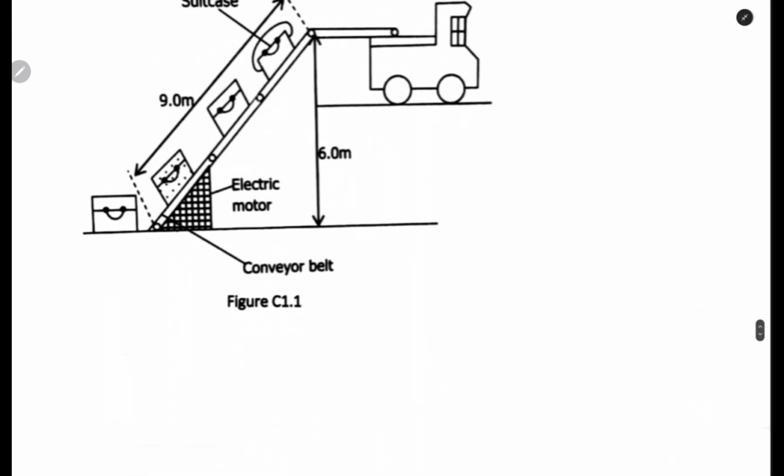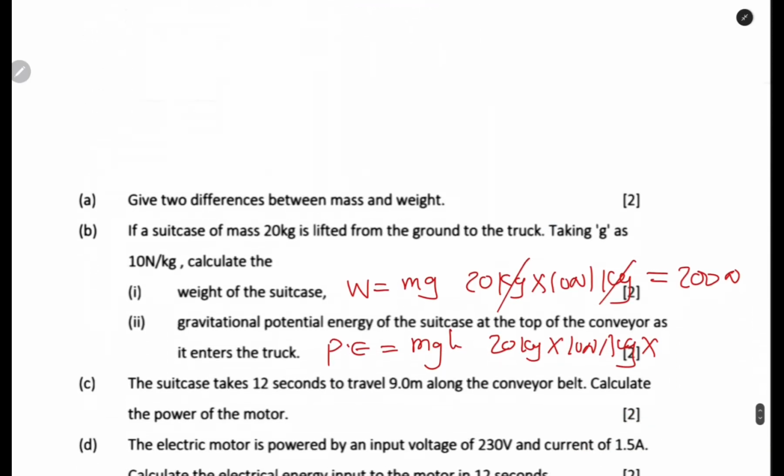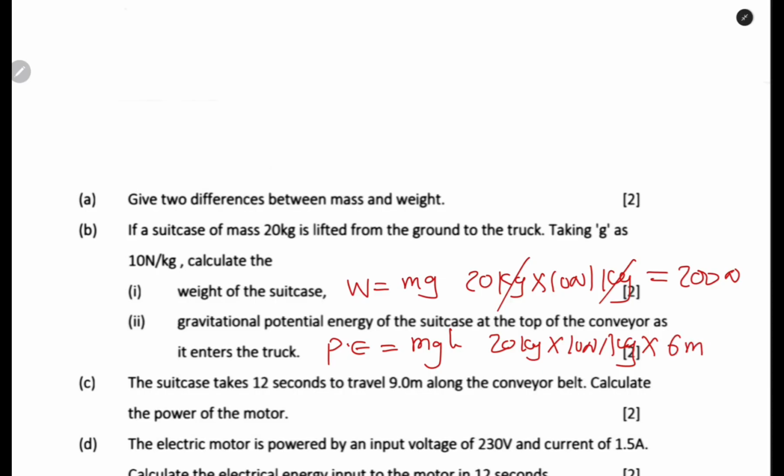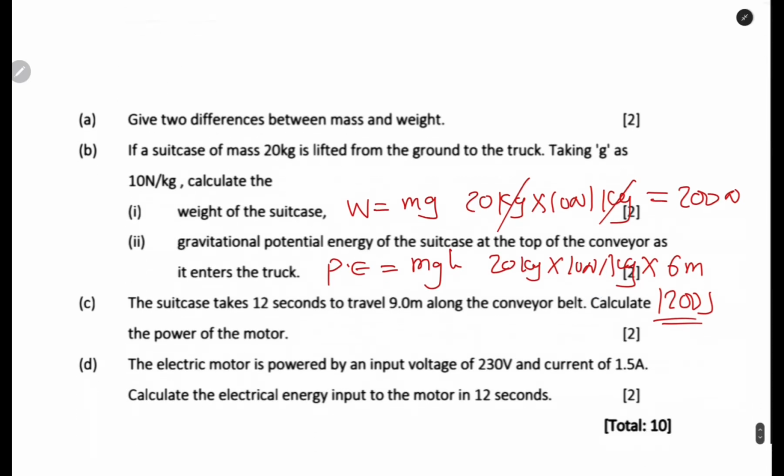The height here, we pick the vertical distance and not this one. So the height is right here, which is 6, so multiply by 6 meter. It has to be in meter. If you multiply these, you should find 1,200 Joule.